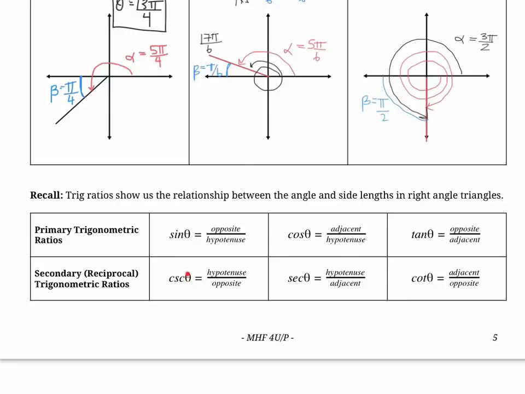We gave it a name, cosecant. So because it's the reciprocal of sine, all we have to do is take the sine ratio and flip it to get cosecant. It's the same with cos and secant. Secant is the reciprocal of cos, or 1 over cos, so we can take the ratio of cos and flip it to get secant. And that goes the same for cotan and tan.